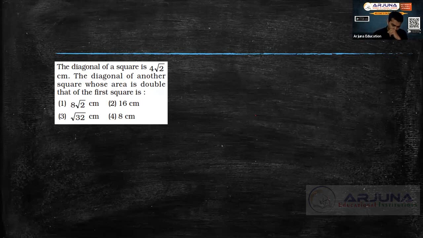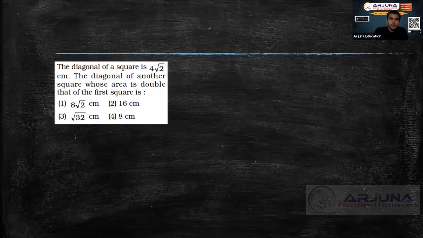What is the answer? Eight root 2. 8 root 2. Correct? 8 root 2. Clear? Very simple.